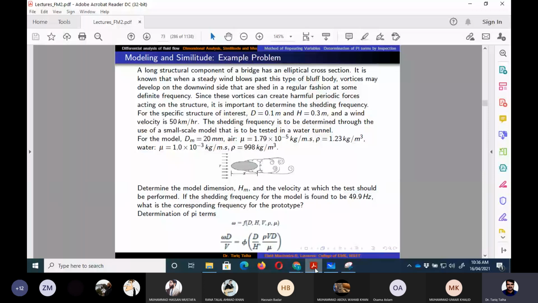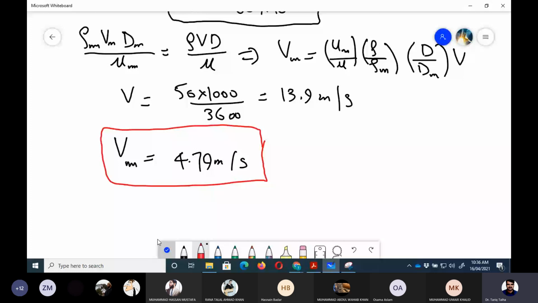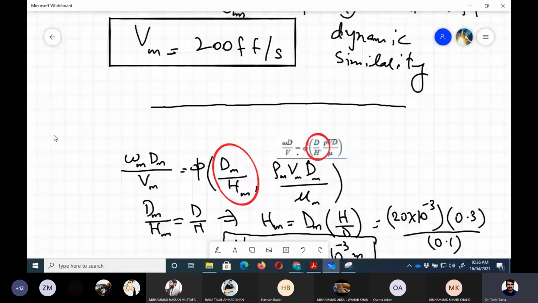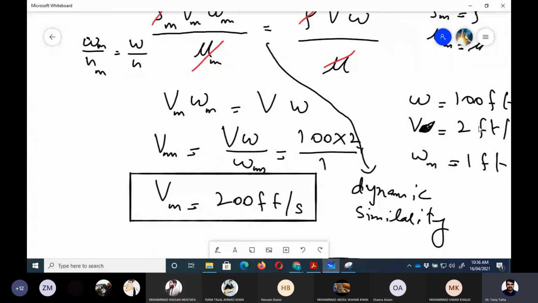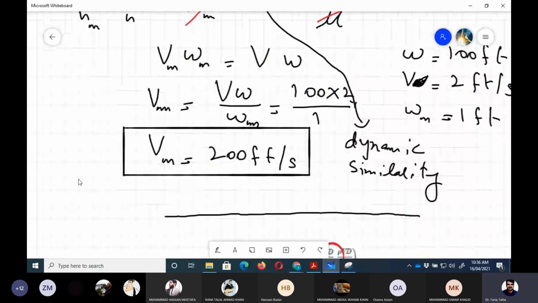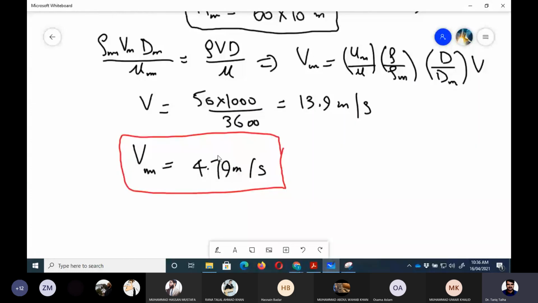If I correctly remember, we did the calculation on the whiteboard. In that case, the actual velocity was 2 feet per second, because we scaled it down by 100 times. So for the model, we needed to provide 100 times more velocity, right? But here the velocity for the model has actually been reduced. It means that there is something else in play here.